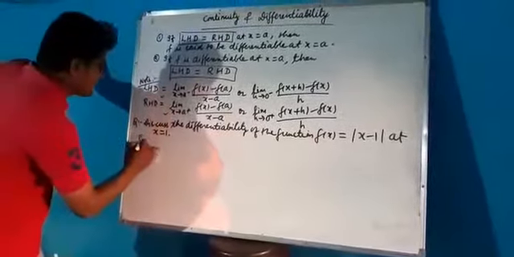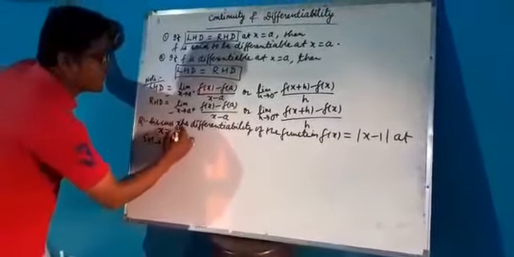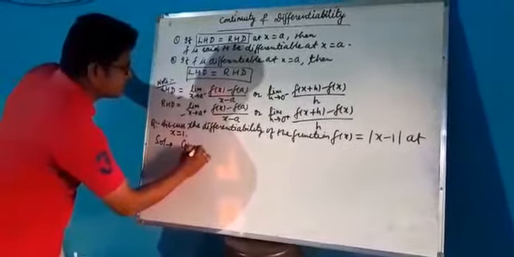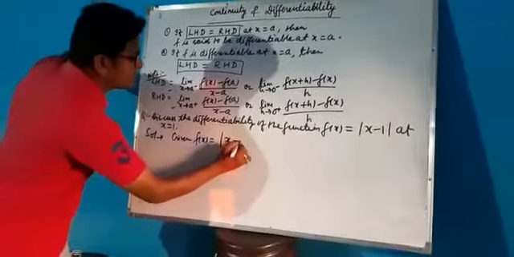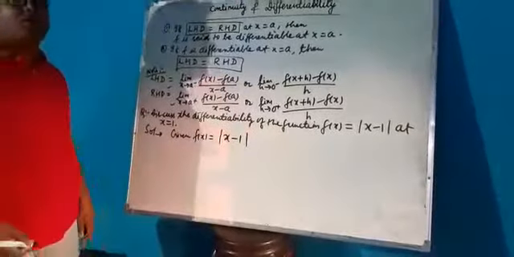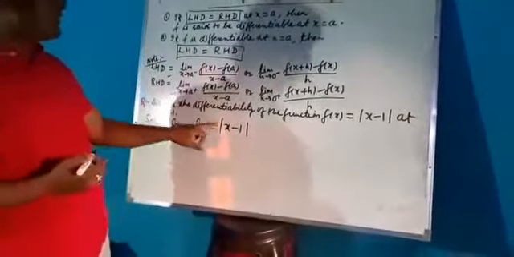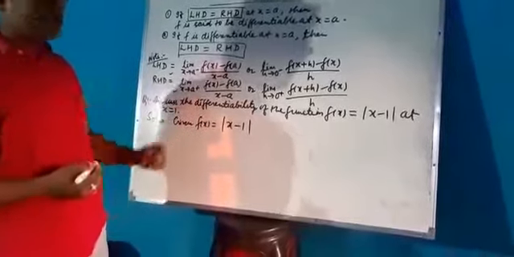Now see how to check. First of all, what is the function given? Given function is f of x is equal to modulus of x minus 1. We know, as per the definition of the modulus function, to the left of 1 it will be negative, to the right of 1 it will be positive.